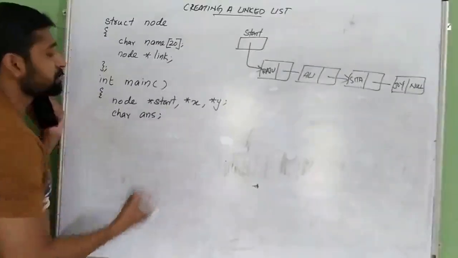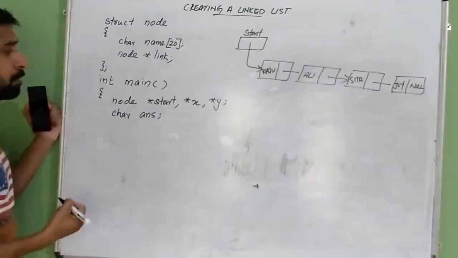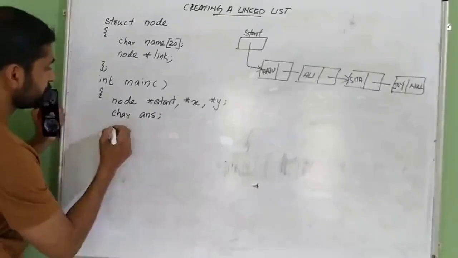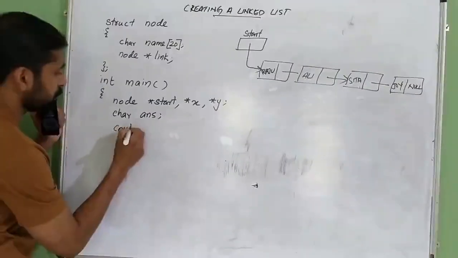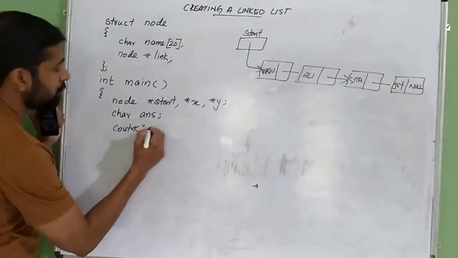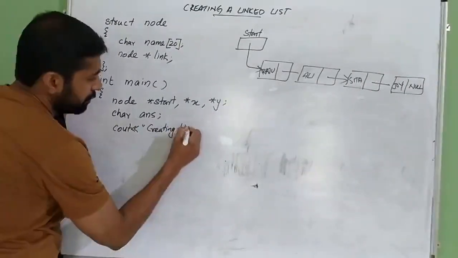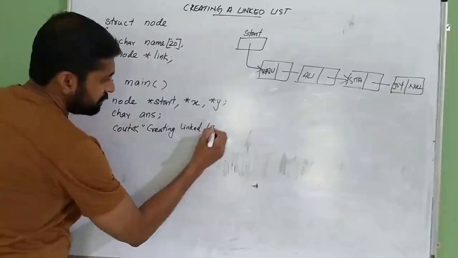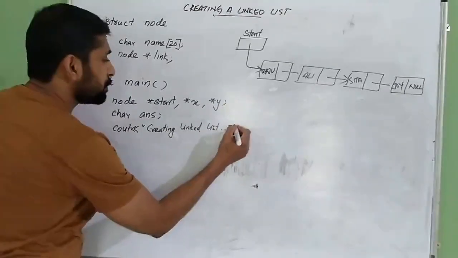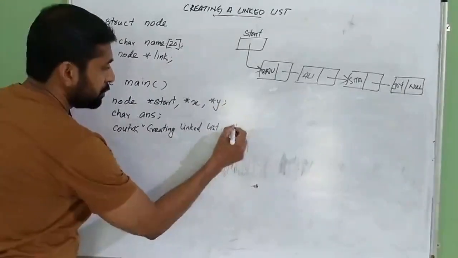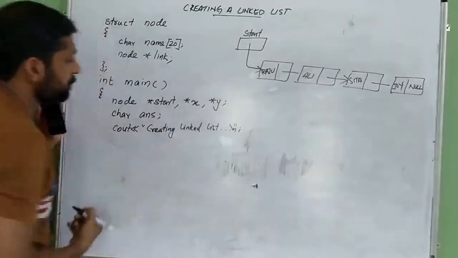So ans. Now cout, creating linked list. It's a message.